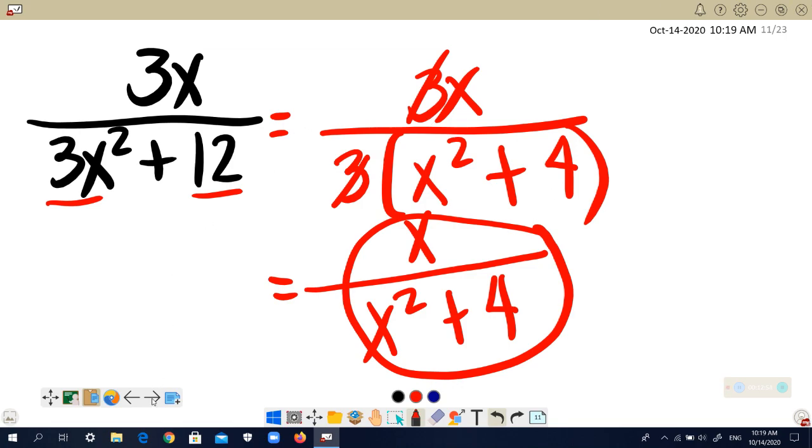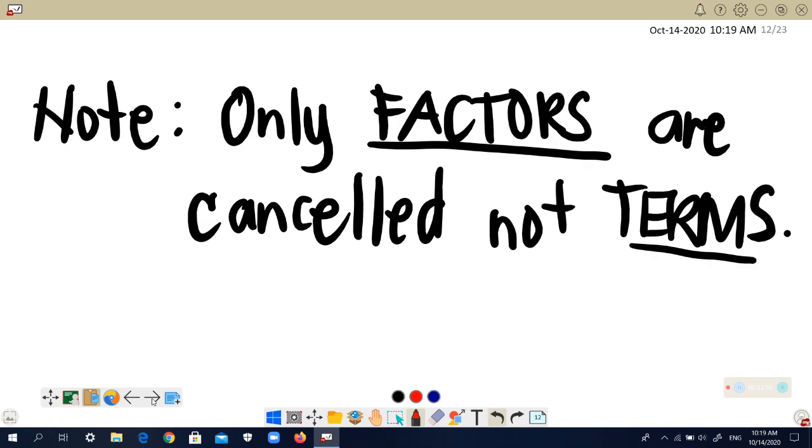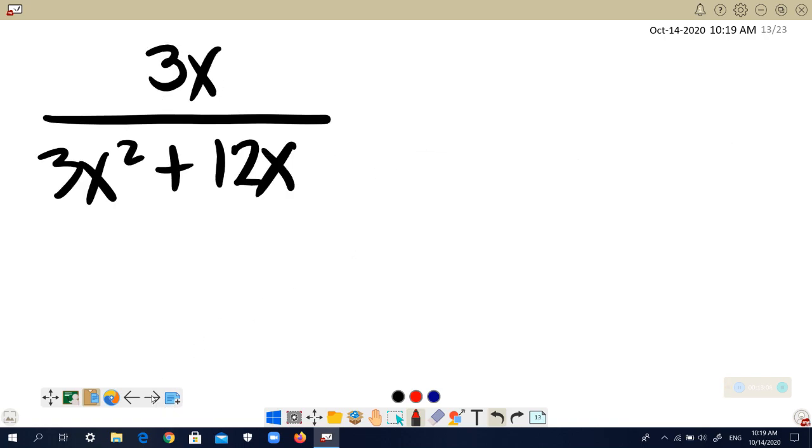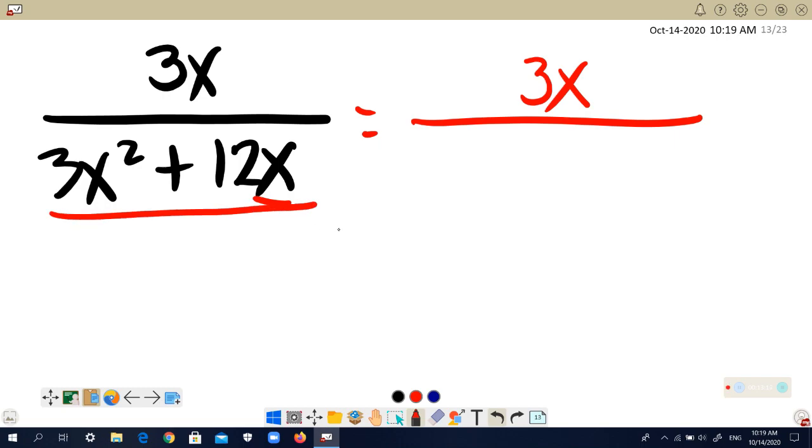But if we have 3x over 3x squared plus 12x, you have again to take note that only factors are cancelled, not terms. So for example, I have here x. You may say that it is already the same as the previous example. No, because I have already here x. So we have to copy the numerator and then factor out again the denominator.